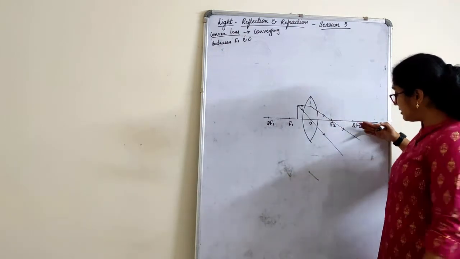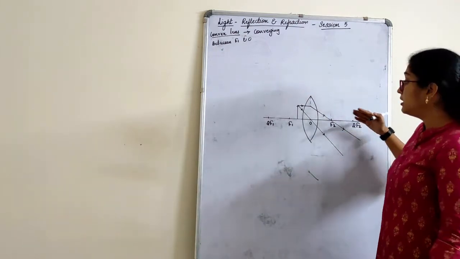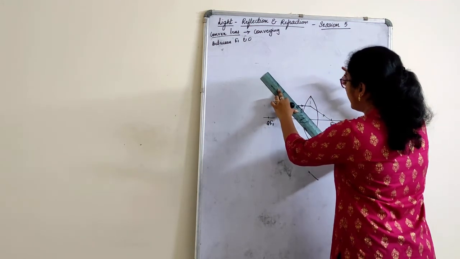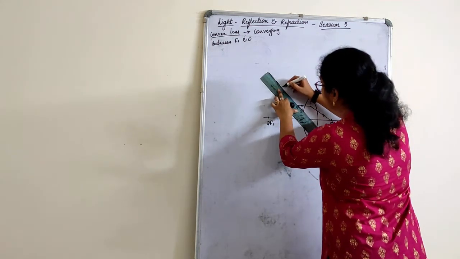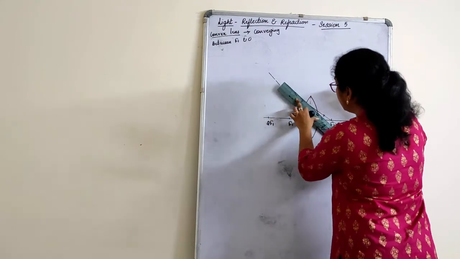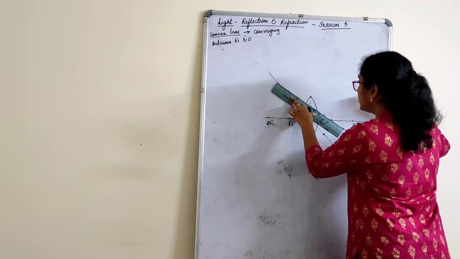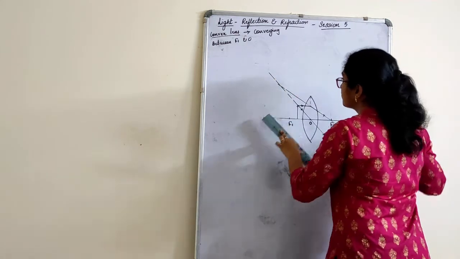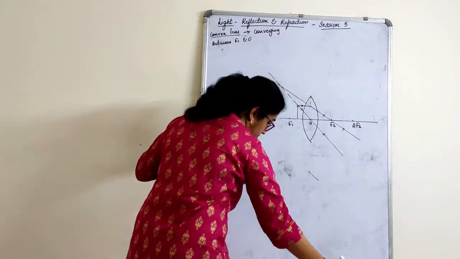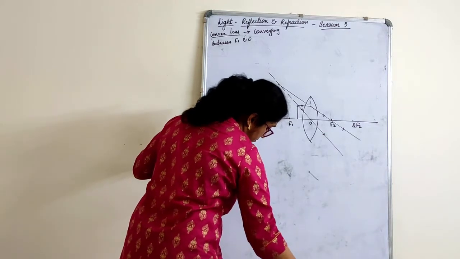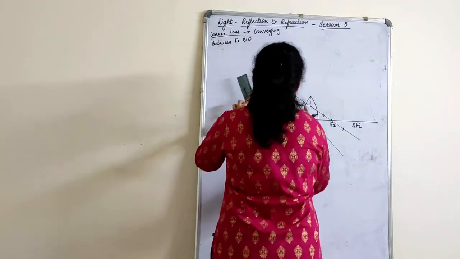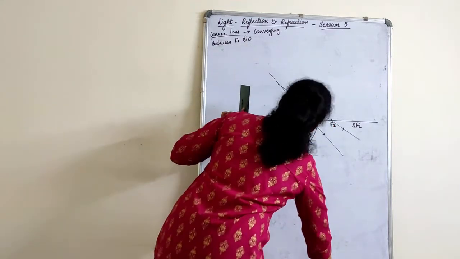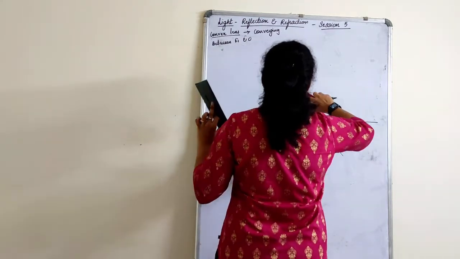Can you see that these lines are actually moving apart? That means here if I extend them, they will go and meet at a particular point. So where it meets, let us see. Let us try to extend and join them. Yeah, actually, wait a minute. I think I have gone wrong in joining this line.